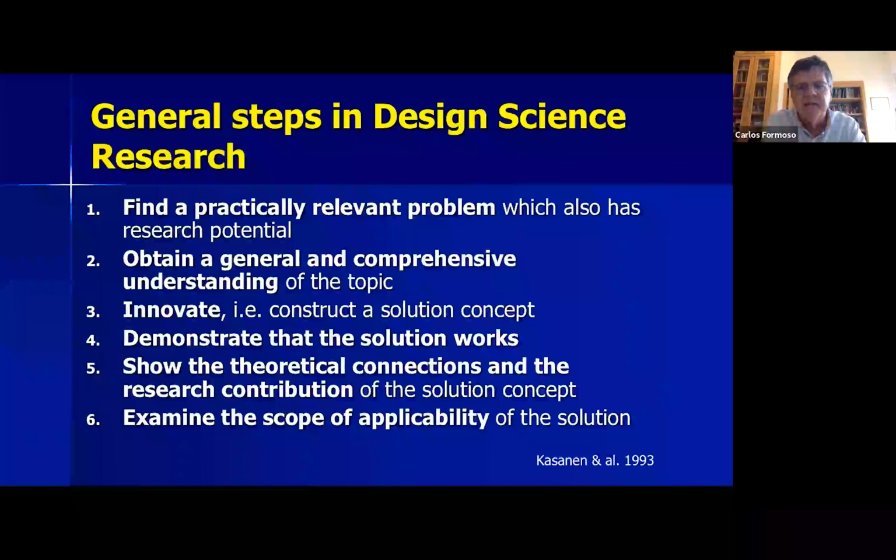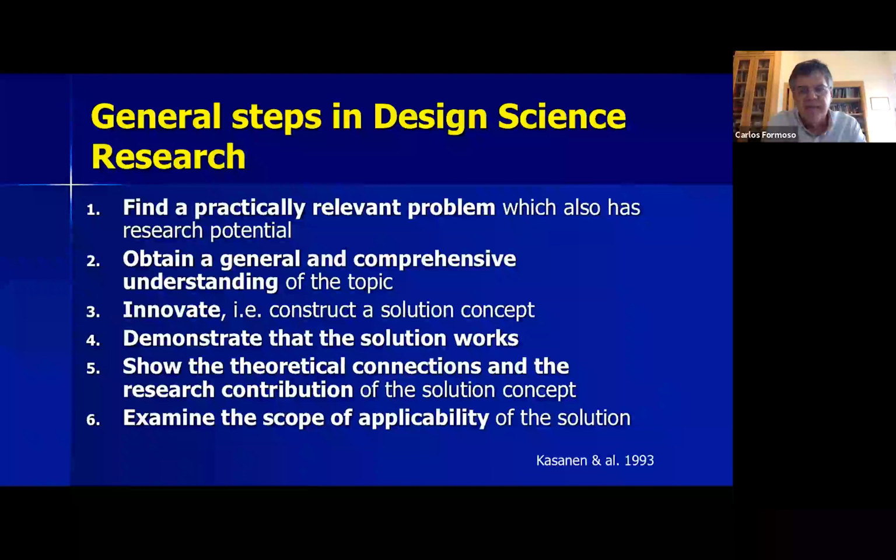So I need to understand this problem deeply. And at the same time, I'm going to do a literature review as in any type of research, so I can obtain an understanding about that topic from the literature, right?